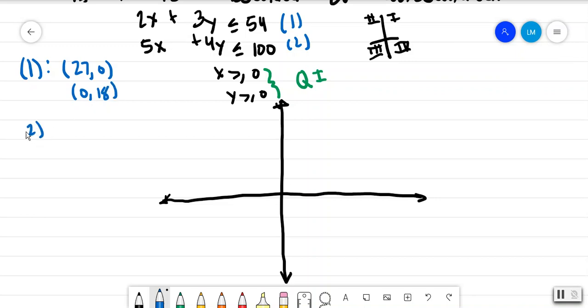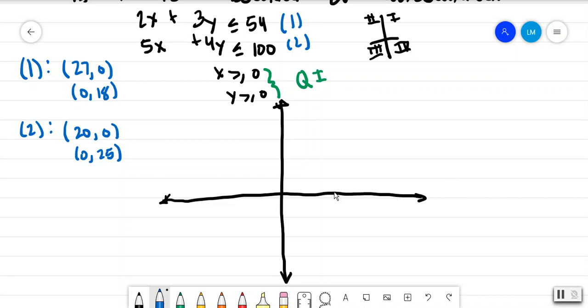Now for the second inequality, you have 20, 0, and then you have 0, 25. Okay, so essentially all that we need to do is just plot these 2 points.